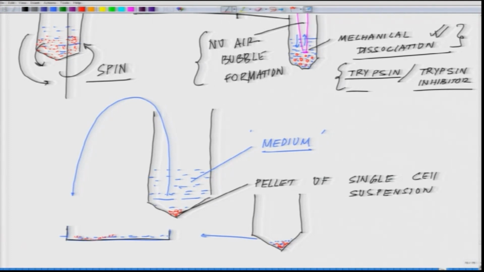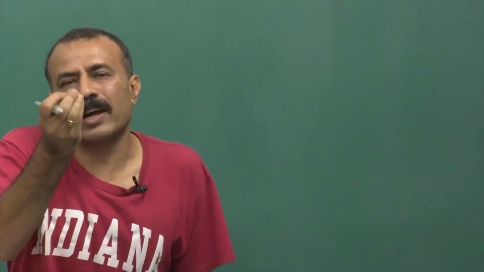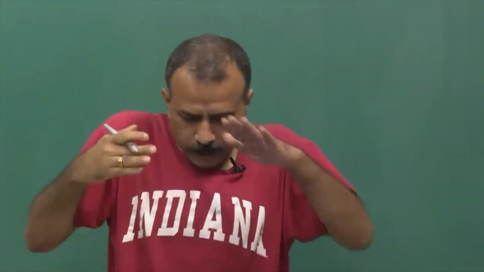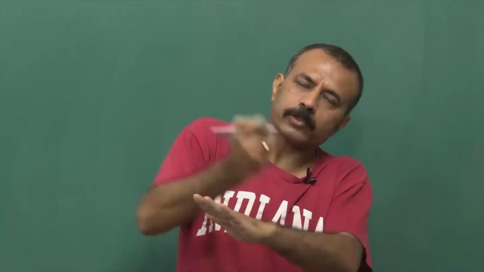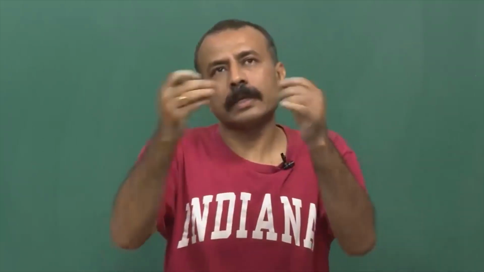So, those which are the big chunks, they will settle down in the bottom. Just keep it for 4-5 minutes, that is good enough, and you can aspirate out the single cell back. So, those heavier chunks will fall down at the base, and you can tilt the dish very gently and aspirate out the single cell suspension and put it back in the test tube.